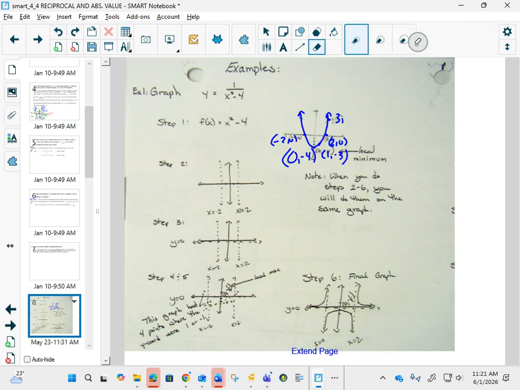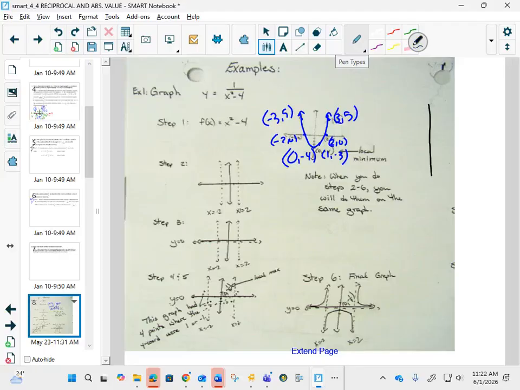If I plug in 3, I'd get 3, 5. And similarly over here, I get negative 3 comma 5. So I have my original graph, and then right beside it, I would start graphing my reciprocal.